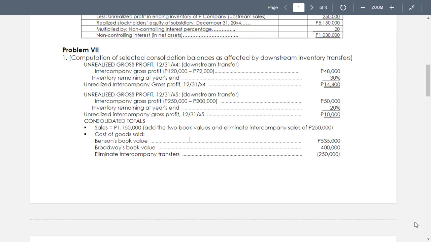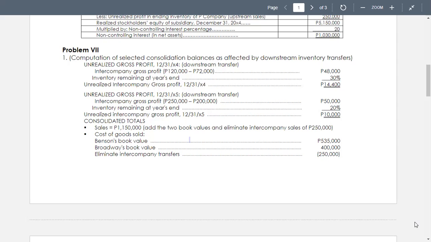We deduct your 250,000. We deduct the 250,000. That is your intercompany sales given at 250,000. So in other words, we have your sales to be considered of 1 million 150,000.